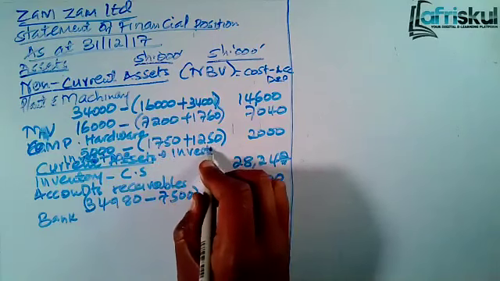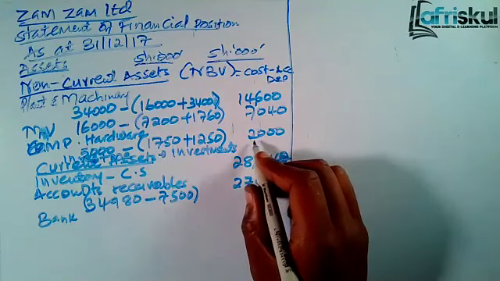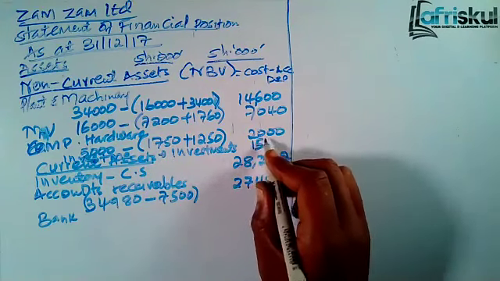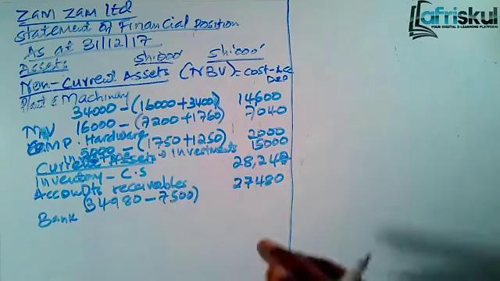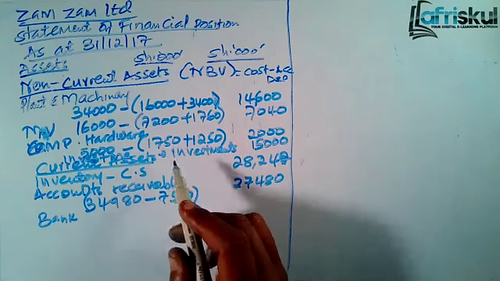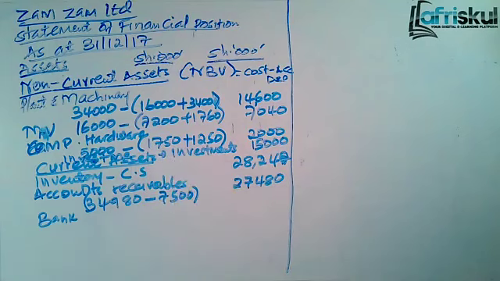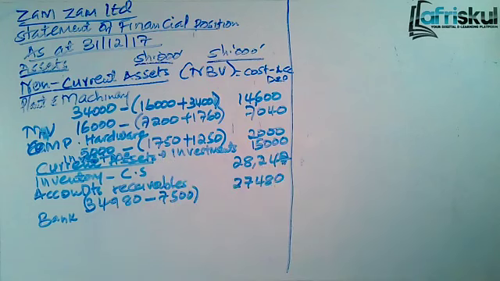Investments are also non-current assets. So investment, that value of the market value now of 15,000, you are supposed to as well take that value to the non-current assets. I will repeat, investments are also non-current assets. Therefore, the value you take it to the non-current assets.